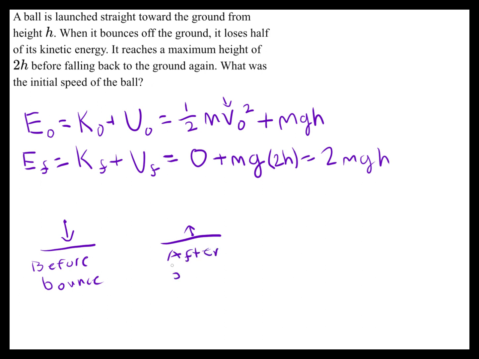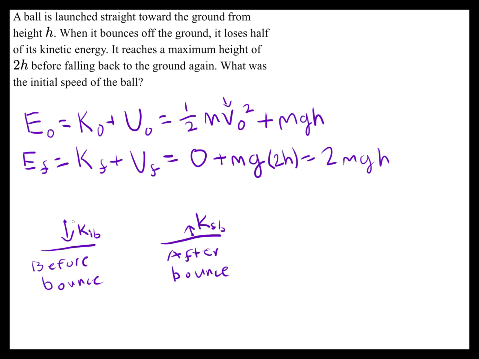Let's say the first has a kinetic energy KIB, the kinetic energy before the bounce, and after the bounce it has a final kinetic energy. I'm going to use the B subscript to differentiate these two, because they aren't the same. This is the kinetic energy right after the bounce, and this is the kinetic energy at the final position, while this is the initial kinetic energy of it being launched, and this is the kinetic energy right before contact.